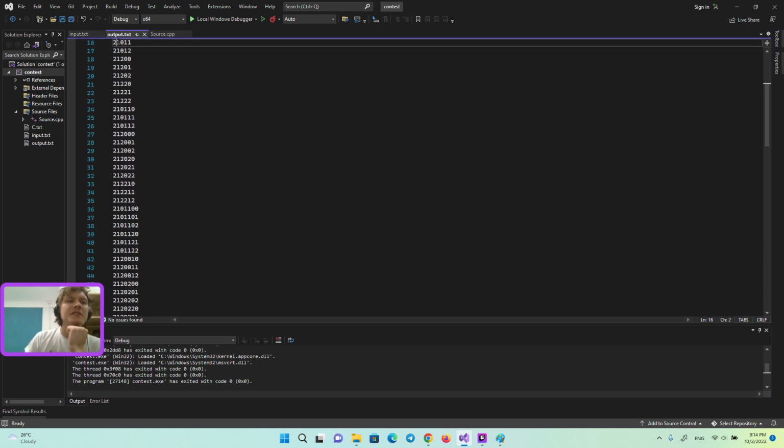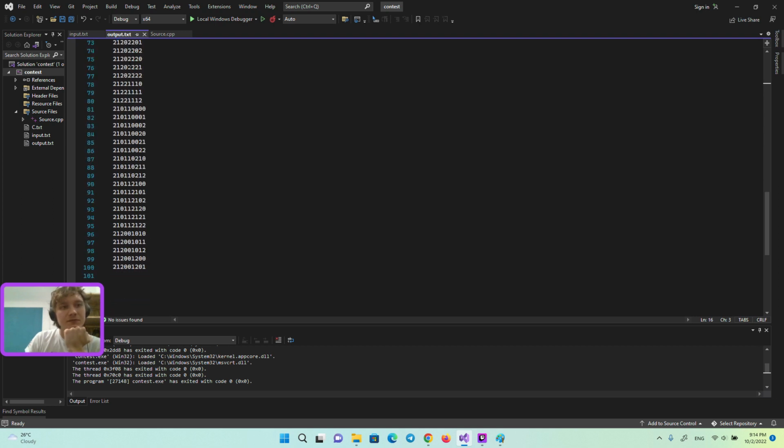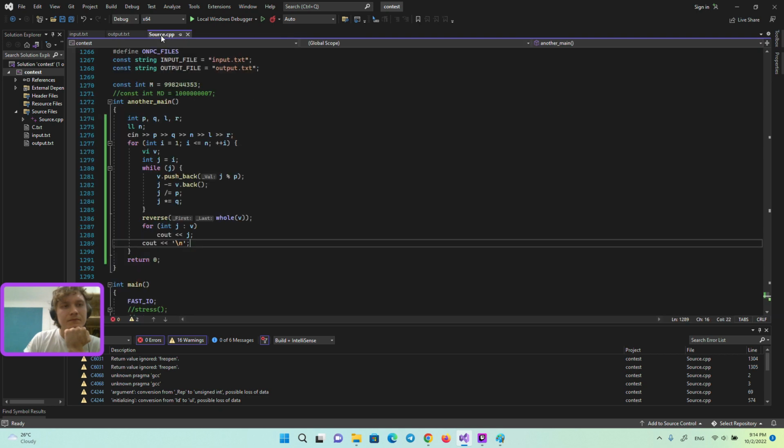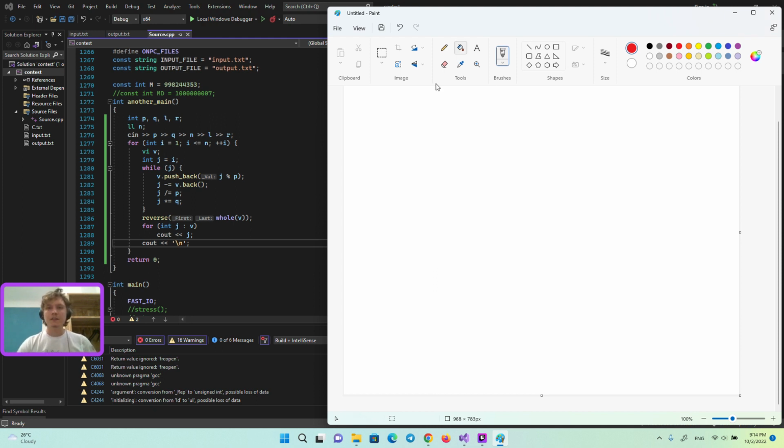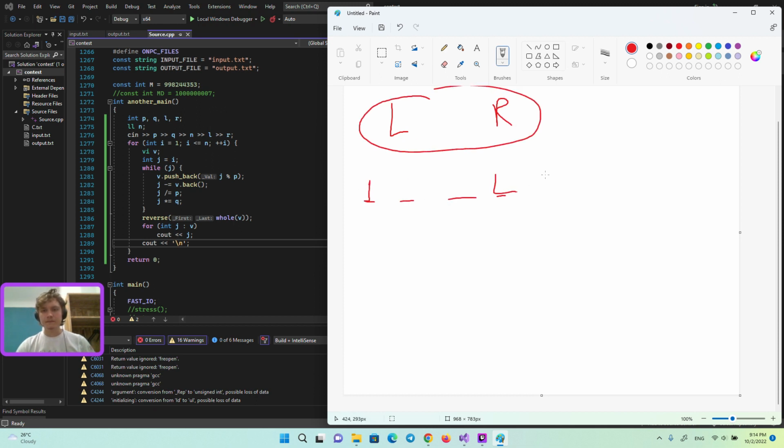So also we see that this digit is always 1 and something else. Okay, what do we do? I think so. We have L and R, and we need to output all numbers here.